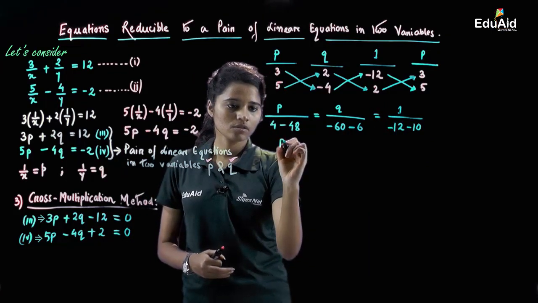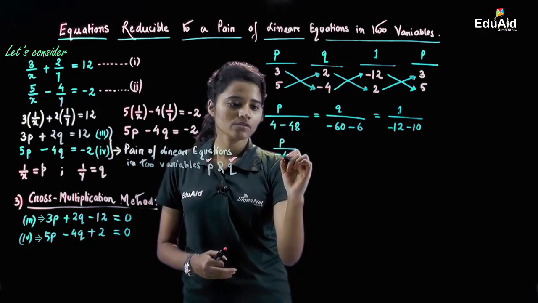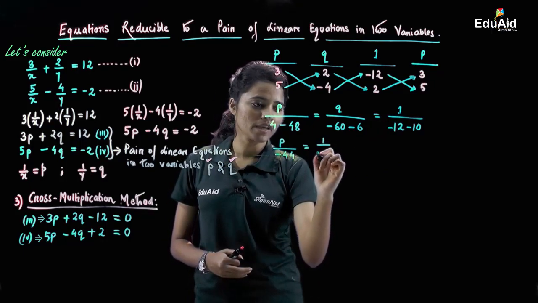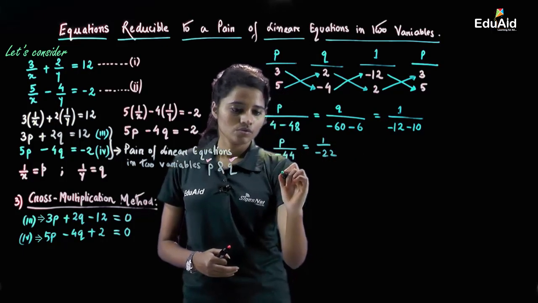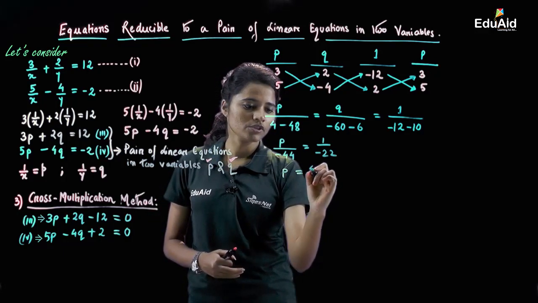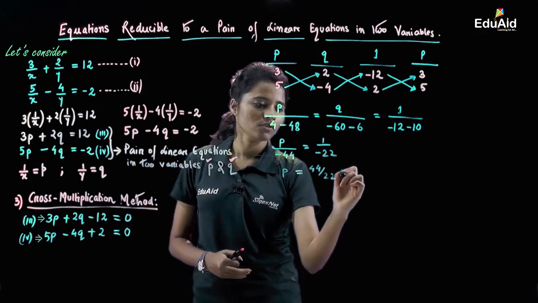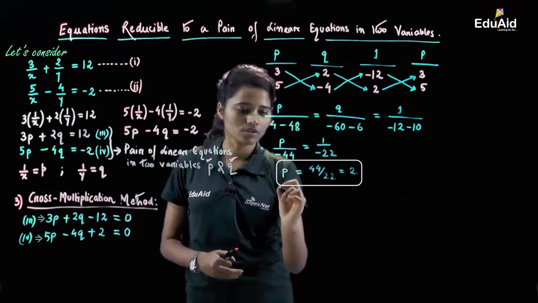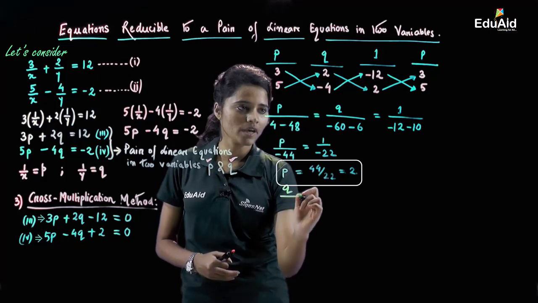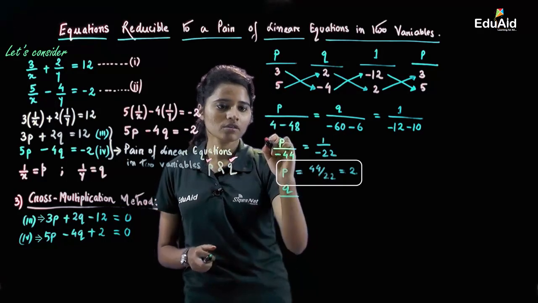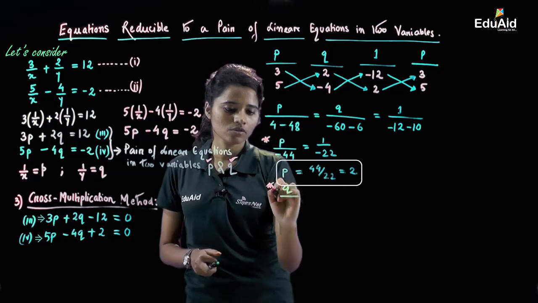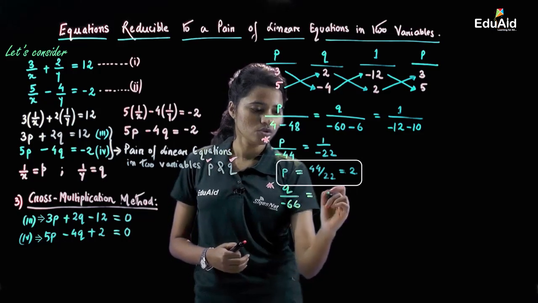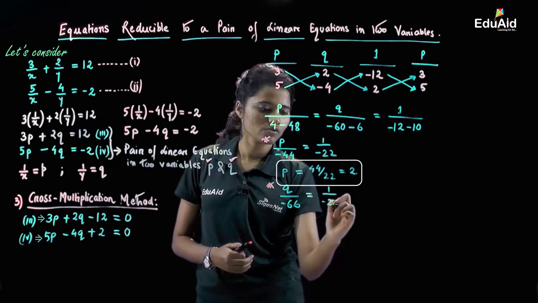What will you get? p by minus 44 is equal to, for this, 1 by minus 22. So this will be p is equal to 44 by 22, which is equal to 2. Okay, and again if you consider this part and this, you're going to get q by minus 66 is equal to 1 by minus 22.